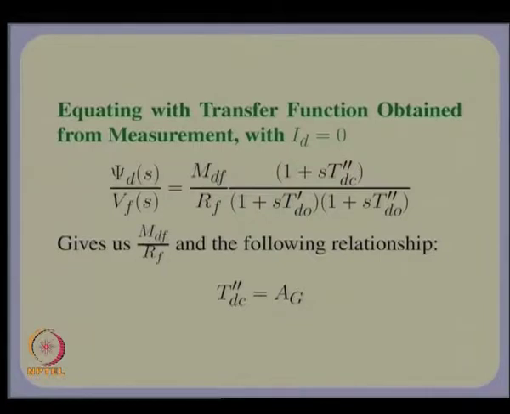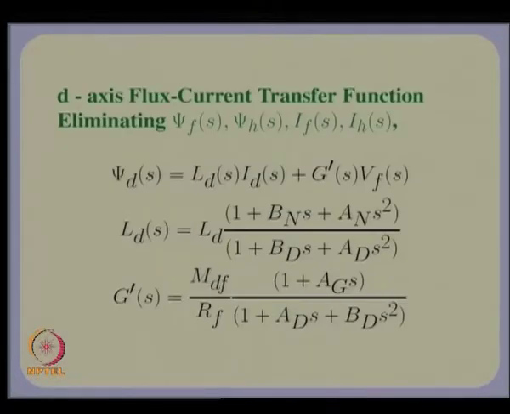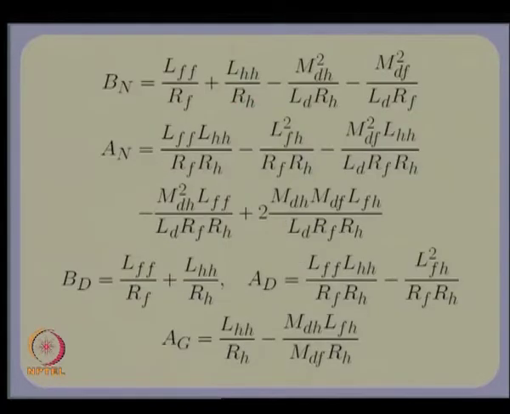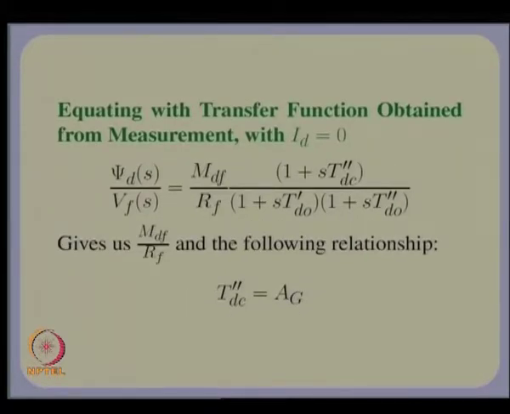If I set Id equal to 0 and give Vf as an input and take out the transfer function G'(s), we will essentially obtain Mdf by Rf as a whole, and the time constant Tdc''. So, this is what this measurement will yield.